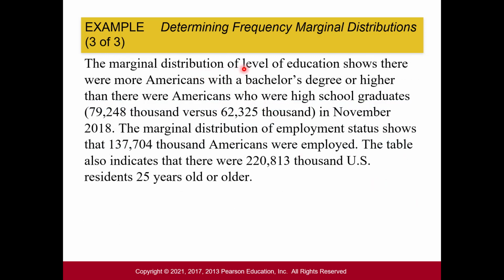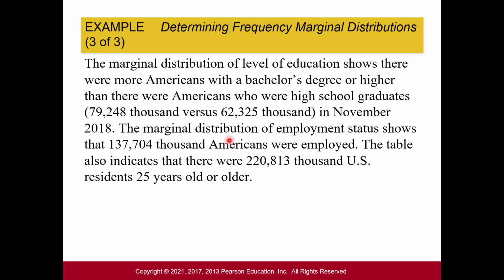The marginal distribution of level of education shows that there were actually more Americans with a bachelor's degree or higher than there were Americans who were high school graduates. The number was 79,248 times 1,000, so that's in the millions, versus this other value, in that year and month.